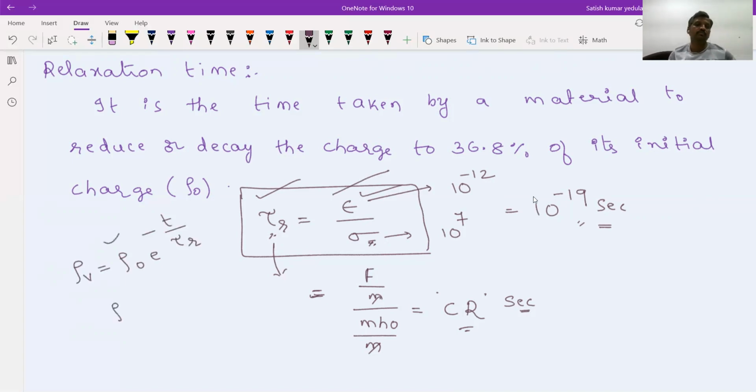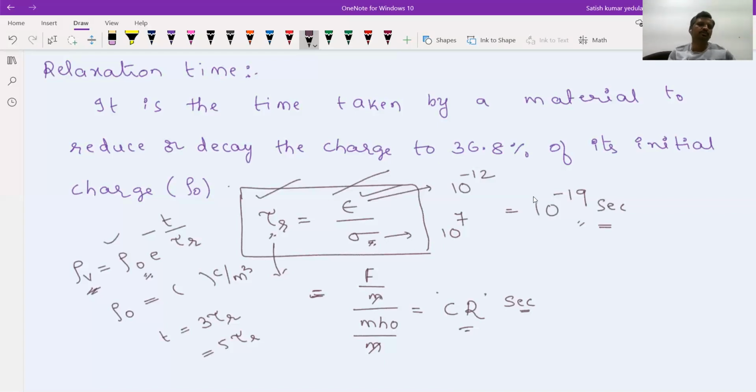He'll give you rho naught, sometimes some nano coulomb per meter cube, and at t is equal to, let's say, 3 time constants or 5 relaxation times, you will be asked to calculate rho v. You just need to substitute here, e power minus t with t equal to 3 tau r. Tau r gets cancelled, e power minus 3 or e power minus 5 into rho naught will give you rho v. That's how you should be able to solve the problems.